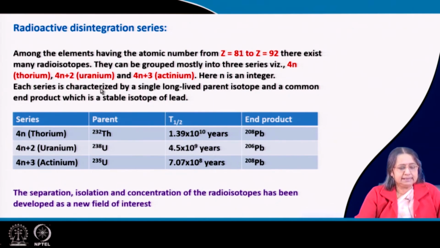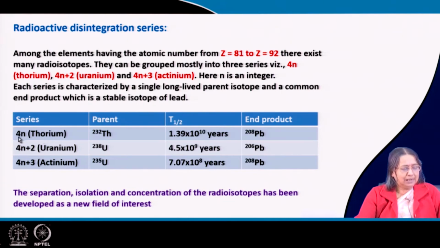Each series is characterized by a single long lived parent isotope and a common end product, which is a stable isotope of lead. For all the series the end product is lead, but they are isotopes of lead: 208, that is the mass number, here it is 206 and here it is 208.